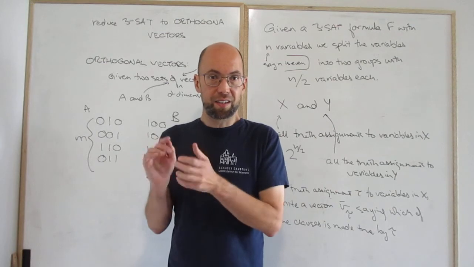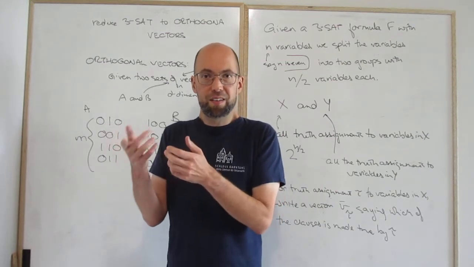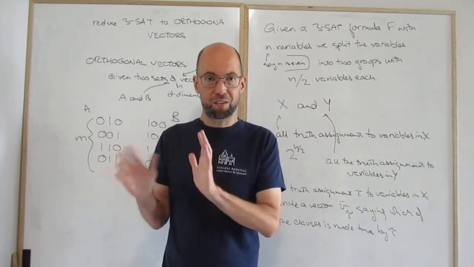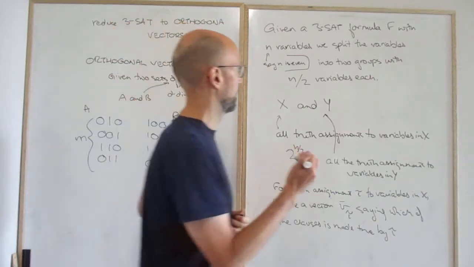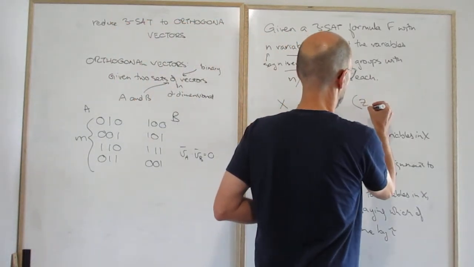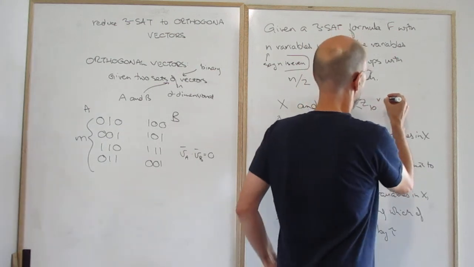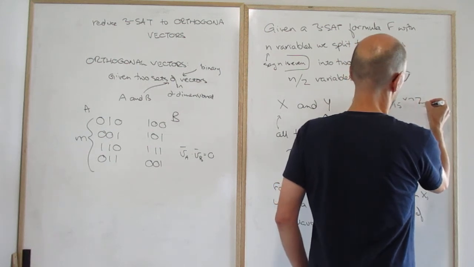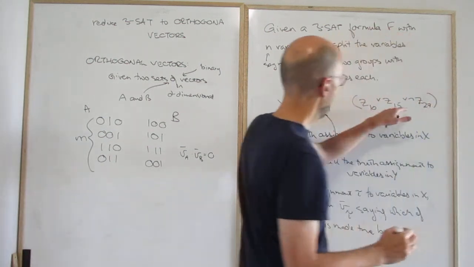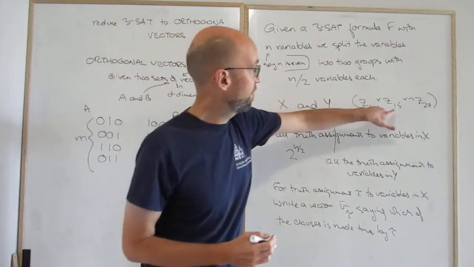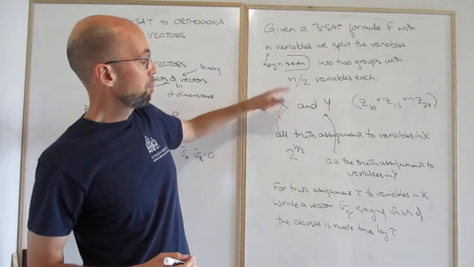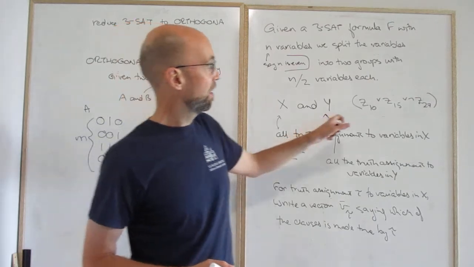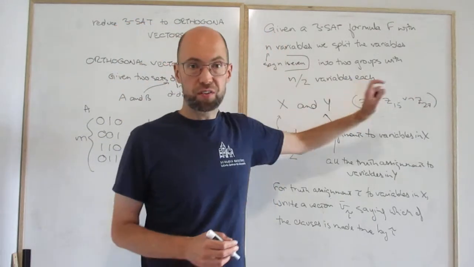maybe there's a variable in there which is not in X, so tau doesn't make the clause true. So if it's like z10 or z15 or not z27, and z10 and z15 are in X, but tau makes these both false and z27 is in Y, then this tau doesn't satisfy this.